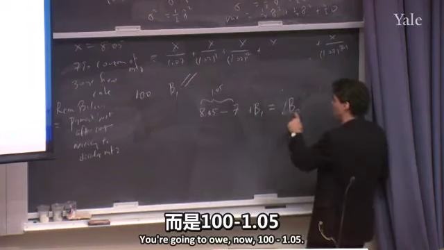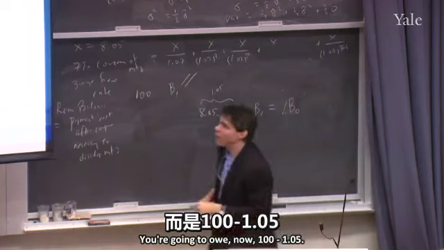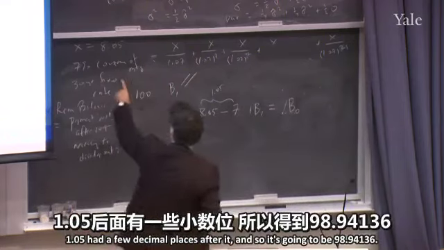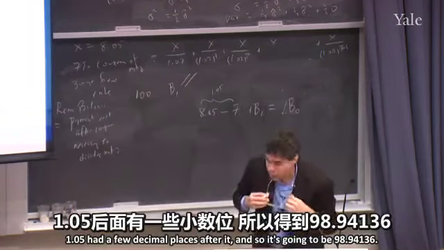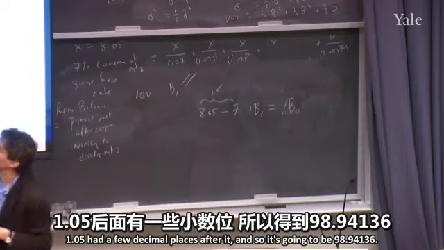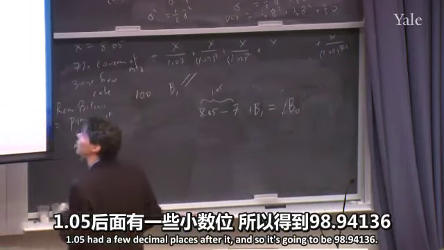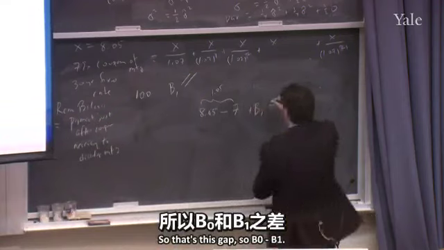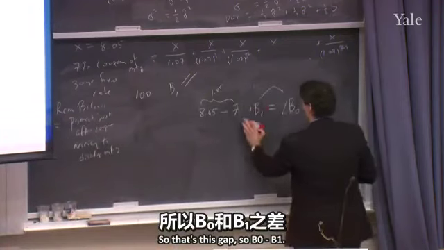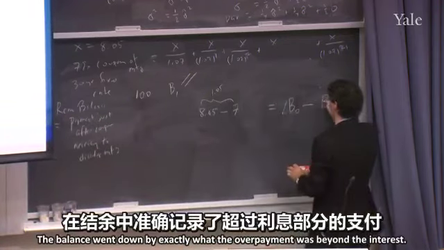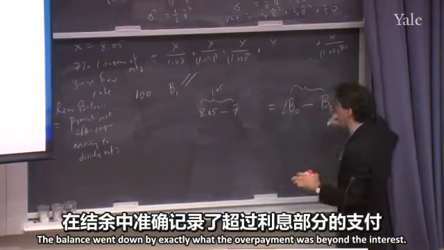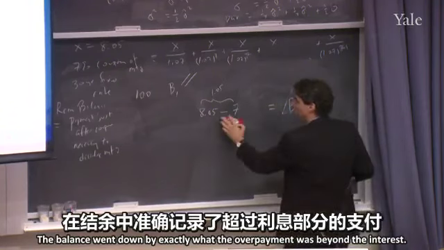You're going to owe 100 minus 1.05, which is 98.94136. So that's this gap: B0 minus B1, the balance went down by exactly what the overpayment was beyond the interest.